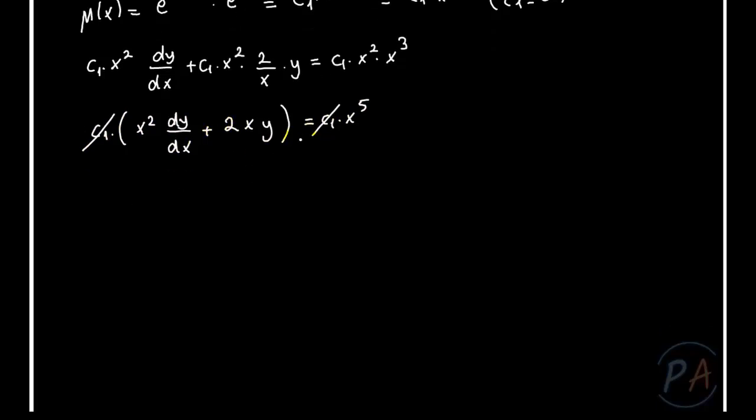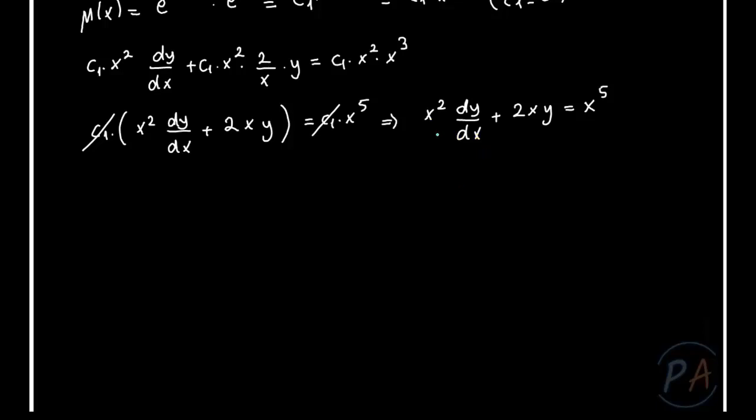That's why I do not use the constant of integration in the integral factor. And the equation is written as x squared dy over dx plus 2xy equals x to the power 5.